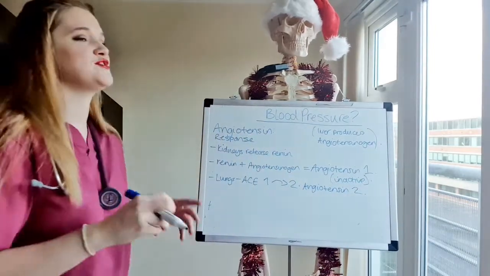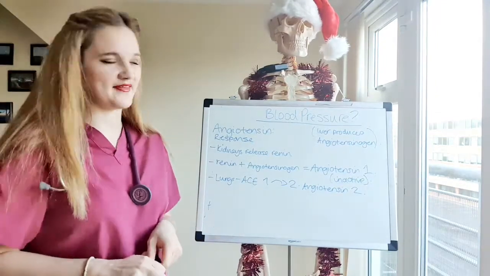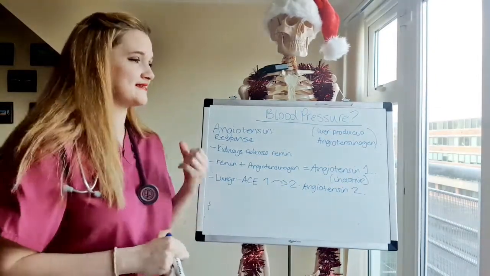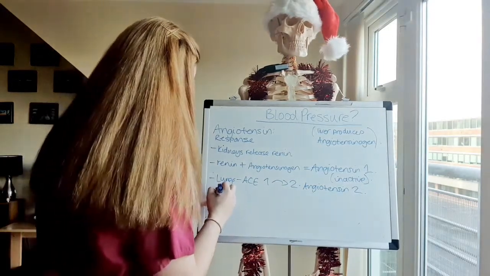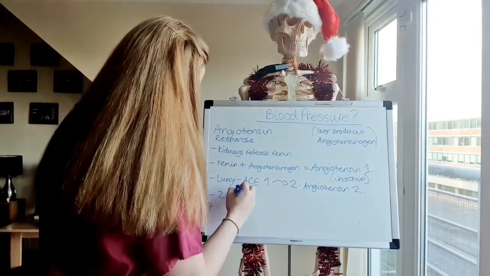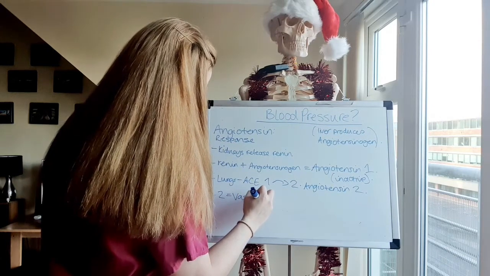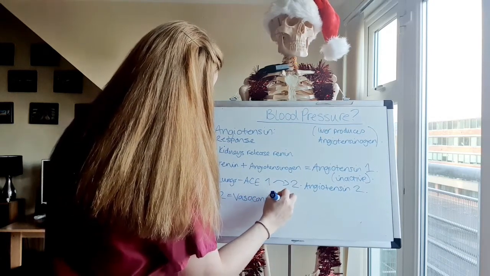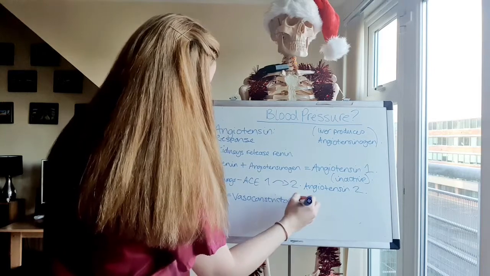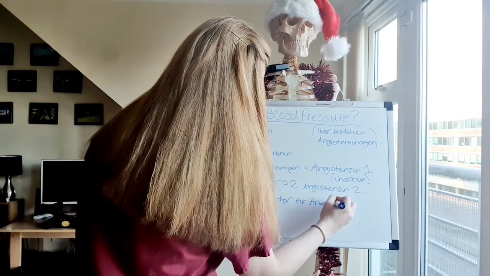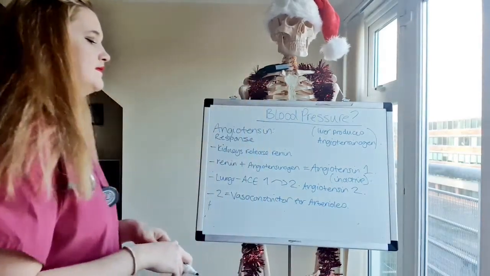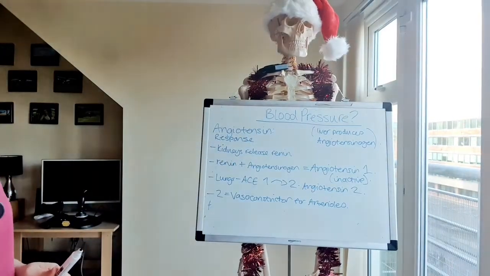Now angiotensin 2 is the good stuff, there's nothing inactive about this. So angiotensin 2 acts as a very powerful vasoconstrictor for our arterioles, okay? Alright, hope I haven't lost you too much there.